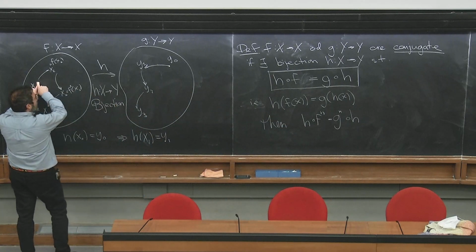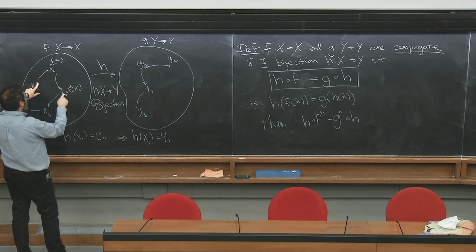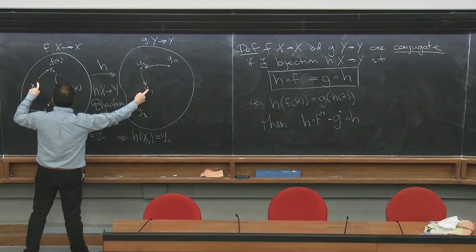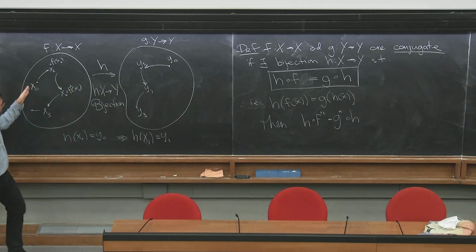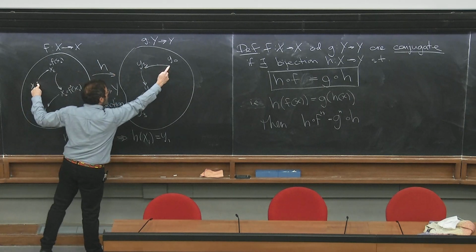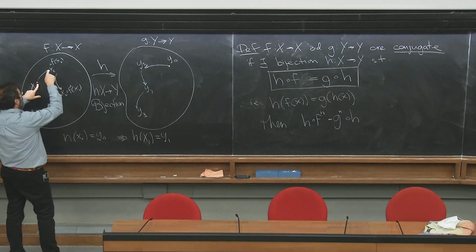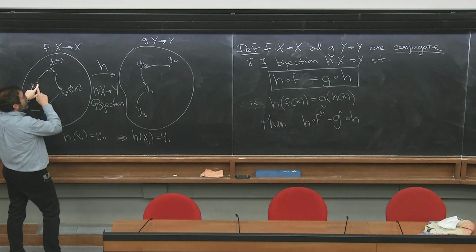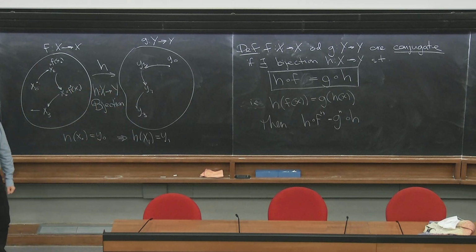So if you have this conjugacy condition, then it means that also H will map x2 to y2, H will map x3 to y3. So H will map all the points of the orbit of x naught exactly to the corresponding points of the orbit of y naught.